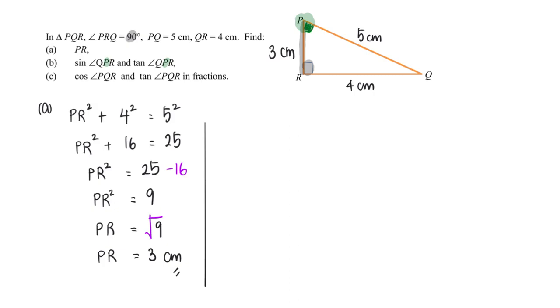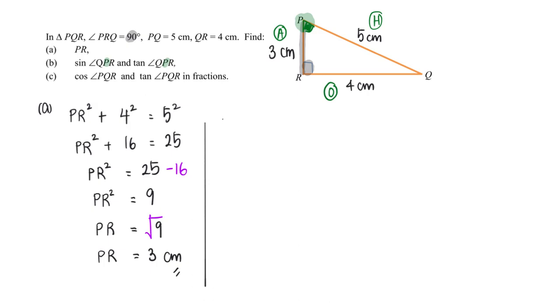With respect to this angle, we must identify accordingly. For this angle, this will be my hypo. This is my adjacent side because adjacent and hypo make the angle. This will be my opposite side.